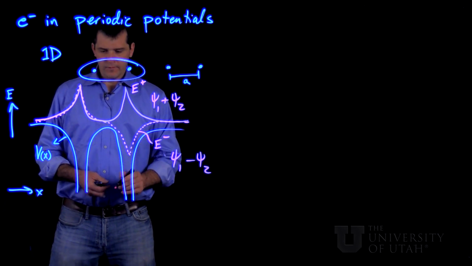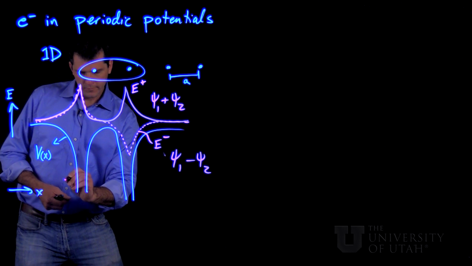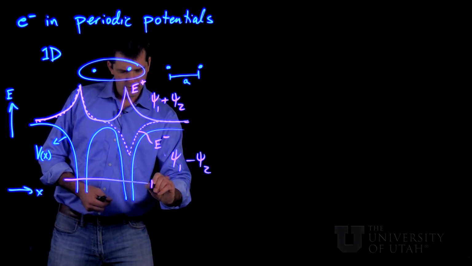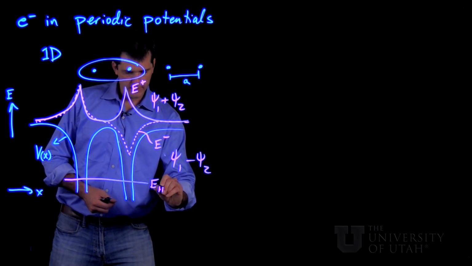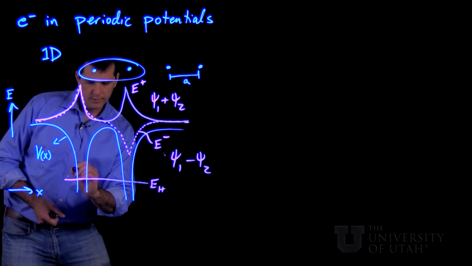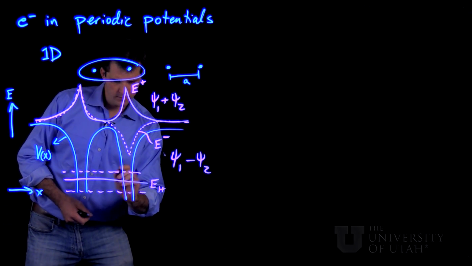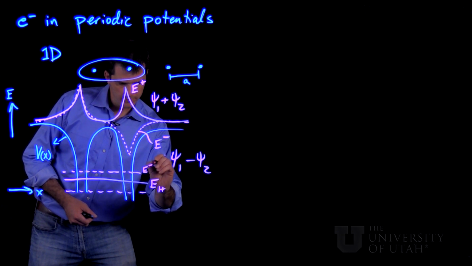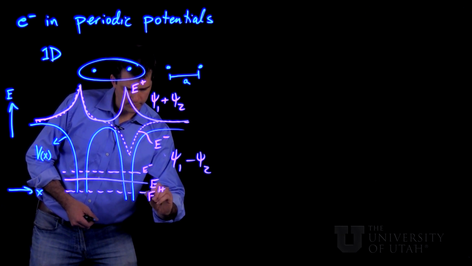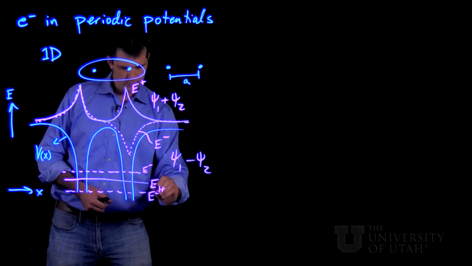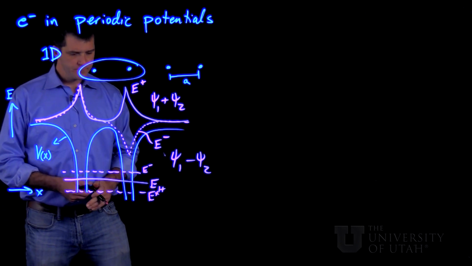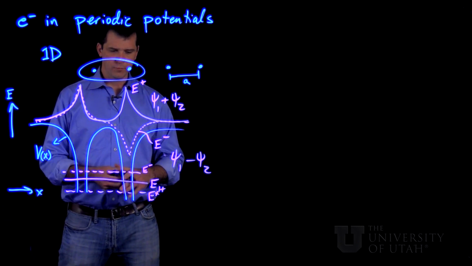And what happens is that the energies of these two levels, if before we had the E for the hydrogen atom, these two, E plus and E minus, actually go slightly up and slightly down. And so we call this the splitting.